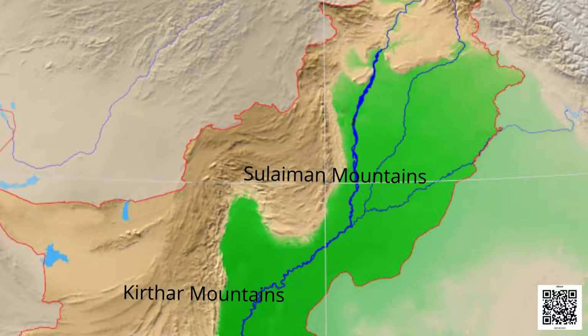Now find the Suleiman and Kirthar hills to the northwest. The Suleiman Mountains are the southern extension of the Hindu Kush mountain and rise to form the eastern edge of the Iranian plateau and the northeastern edge of the Balochistan plateau.